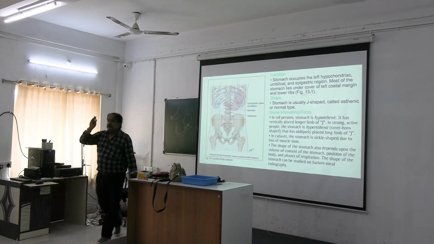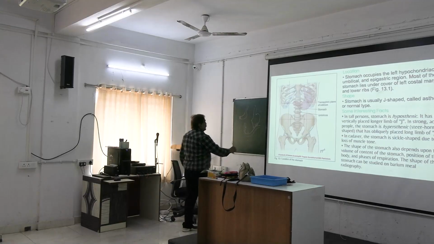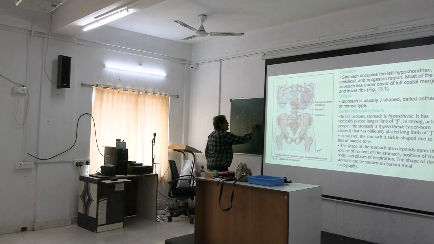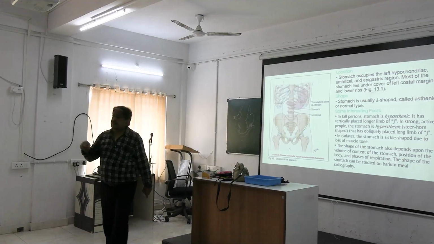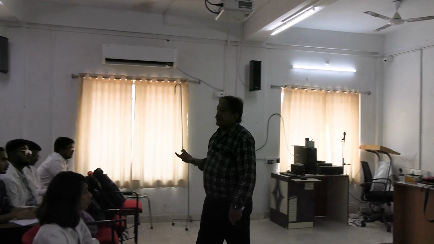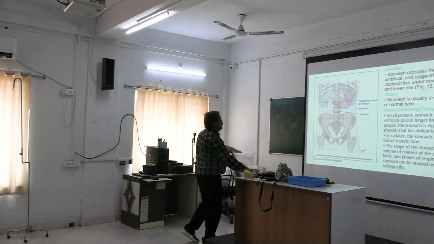Part of the stomach is cut, and the jejunum is anastomosed, a bypass. There are numerous operations. When you go to surgery, you will be reading on it.